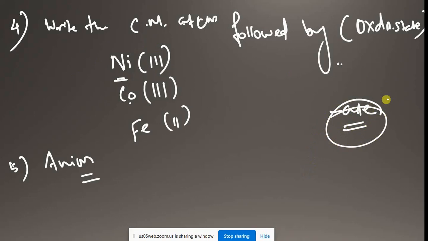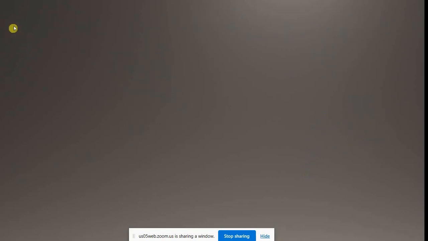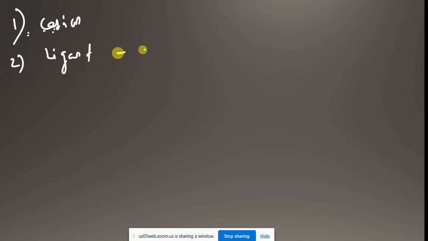Let me list out the things once again. First, write the name of the cation, and second, write the name of the ligands: first the number and then the ligand, in alphabetical order.